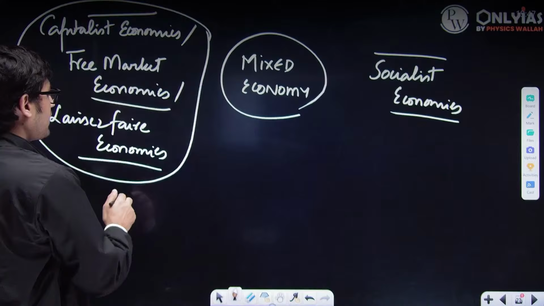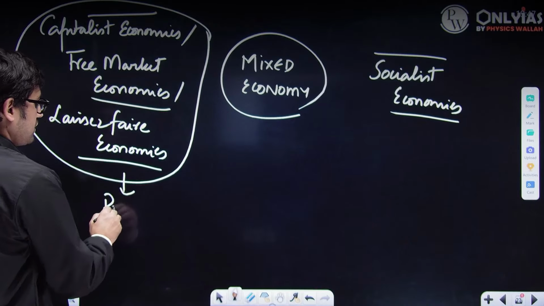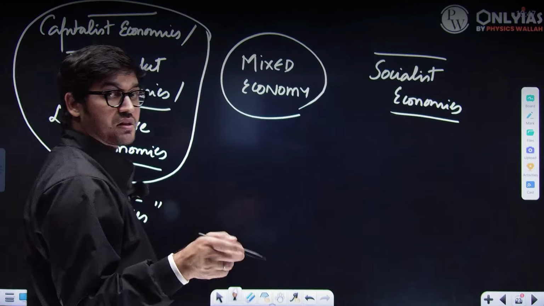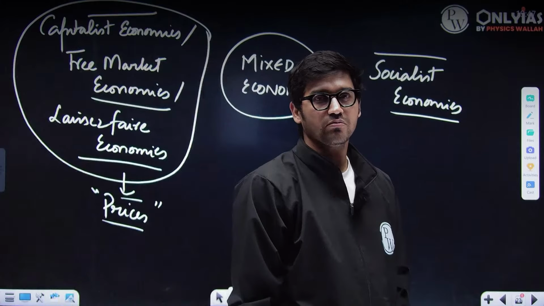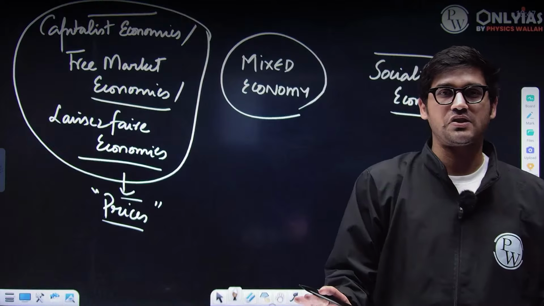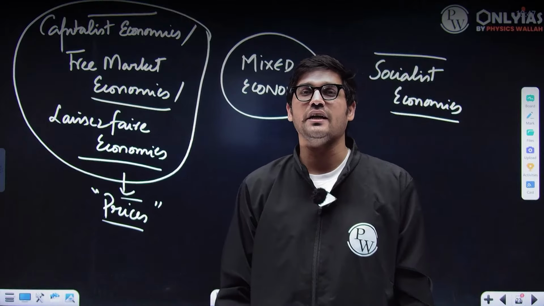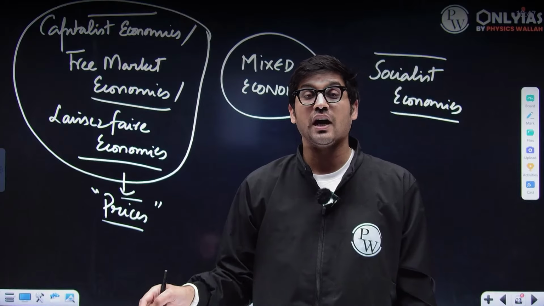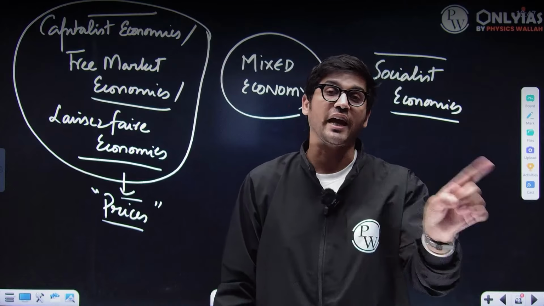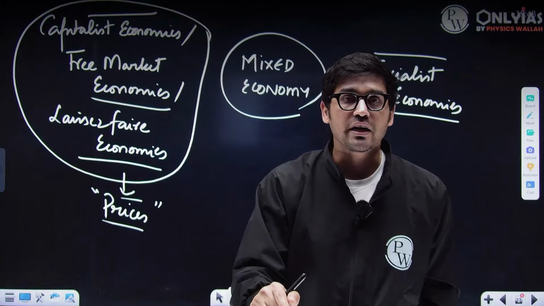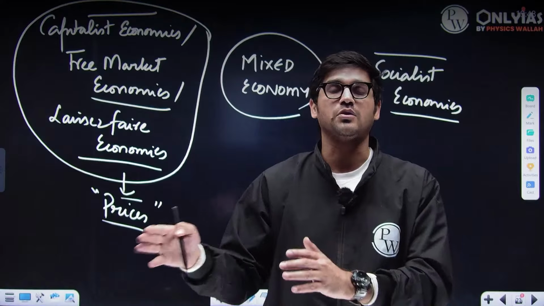In free market economies, prices decide where resources are going to go. Nobody else. It will be prices which decide what items will be produced, how much will be produced, of what type will be produced. There will be no single authority to tell where resources should be going.